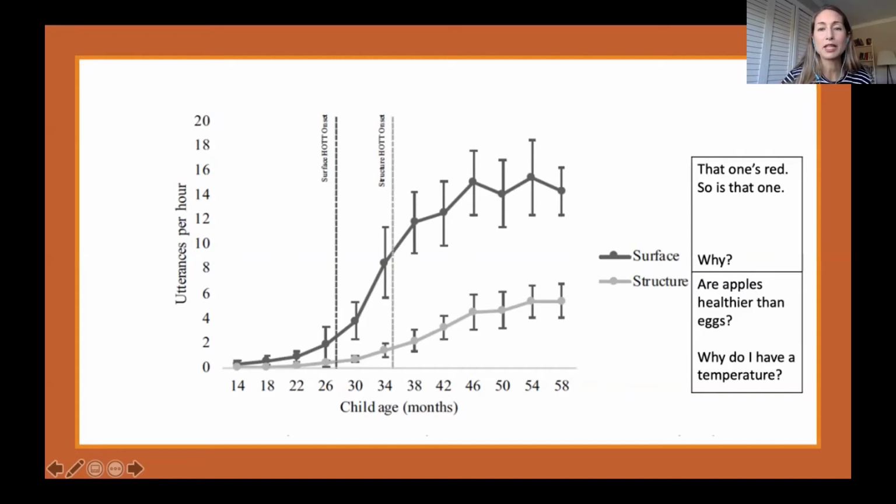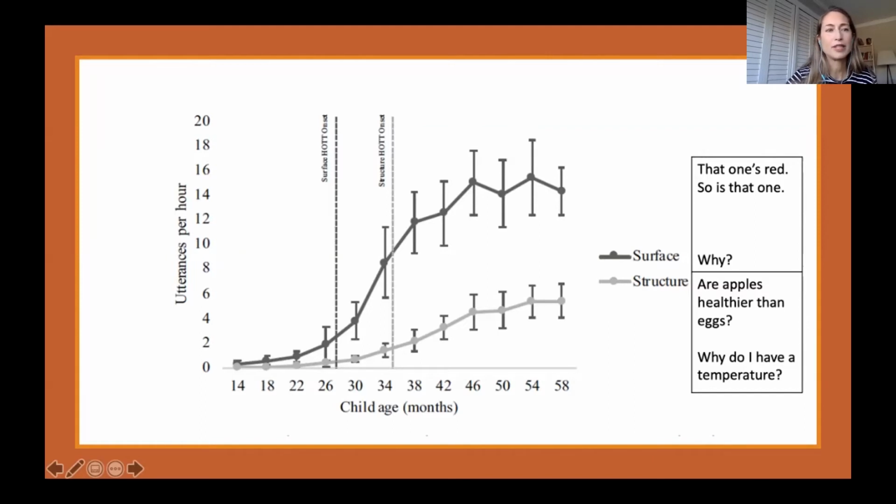Kids are much more likely to be using these surface HOTTs than structure. And it may not seem like that much. For structure, by 58 months, they're using, on average, 4 to 6 an hour. But if you extrapolate that over the life of a child, that's a pretty substantial amount of talk, and surface is more. So these are happening.